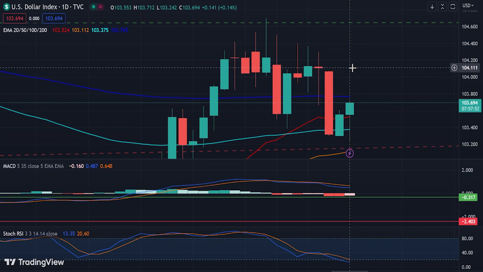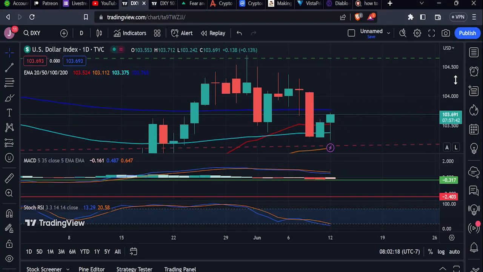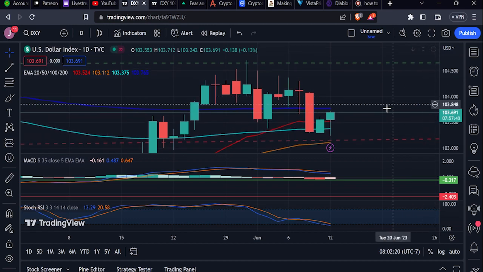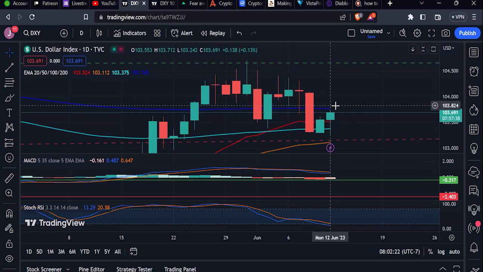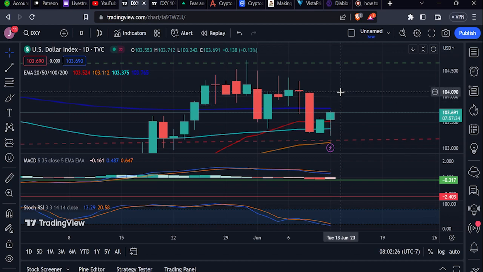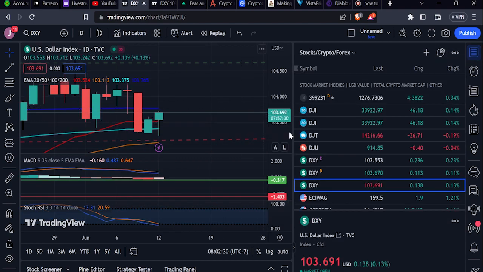But remember, the dollar has been having an inverse correlation with the stock market and crypto markets. If you think about it, when the dollar is going up, what is that telling us about the stock and crypto markets? That means more people are putting their money into the dollar or converting back to the dollar.